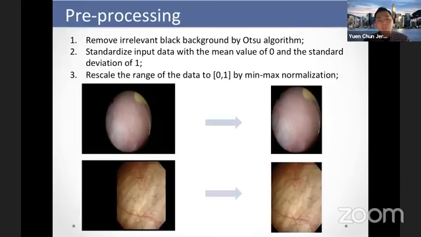And because your images can come from different systems, from a rigid cystoscope or from a flexible scope, the images by themselves can look quite different. So you need to do some pre-processing to normalize it in terms of its size, and normalize the area that you want to look into before you actually feed it into the system.